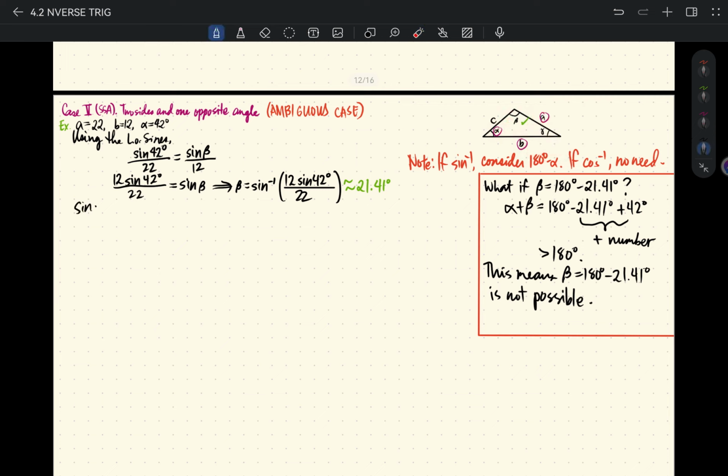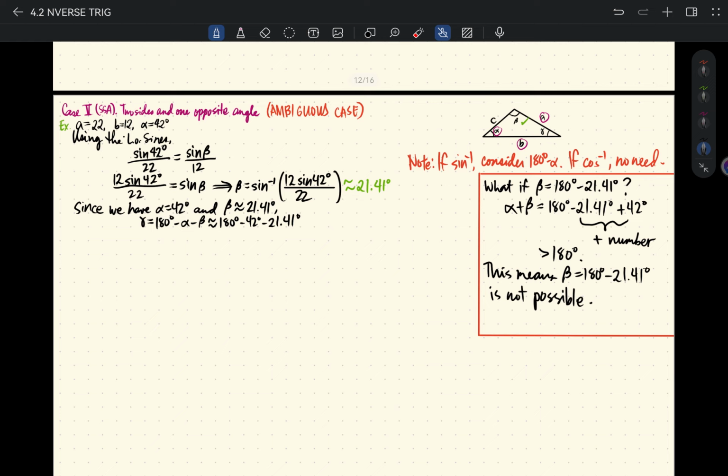So since we have alpha equals 42 degrees and beta approximately 21.41 degrees, we have here that gamma equals 180 degrees minus alpha minus beta, approximately 180 degrees minus 42 degrees minus 21.41 degrees.